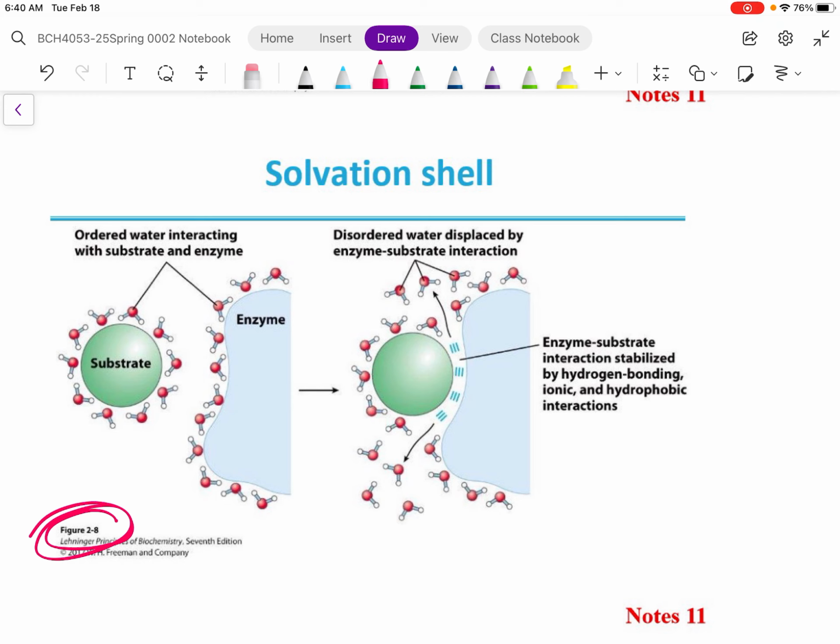And so that substrate at the left part of the graphic here, this guy right there, it's completely surrounded by water. And when it's completely surrounded by water, it can't react. It can't interact with the enzyme.